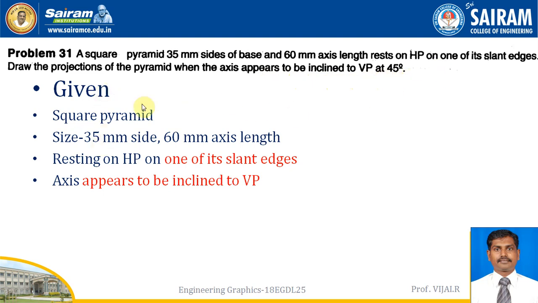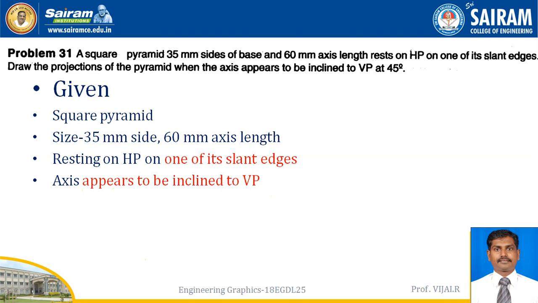So take the given data here. First, it's a square pyramid, the sizes are 35 and 60 mm height, and it is resting on HP on one of its slant edges. Then the axis appears to be inclined to VP. These are the four important key points we are going to solve this with.